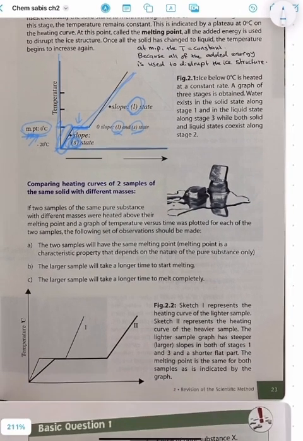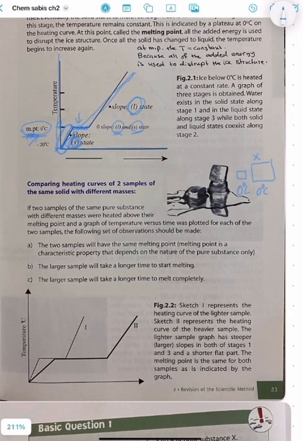If, let's say, we compare two substances, two samples with different masses, let's say a small ice cube and a big ice cube. Okay, so if I ask you which one of them will start to melt at 0 Celsius, or which one of them has a melting point of 0 Celsius, you should say that both of them start at 0 Celsius.